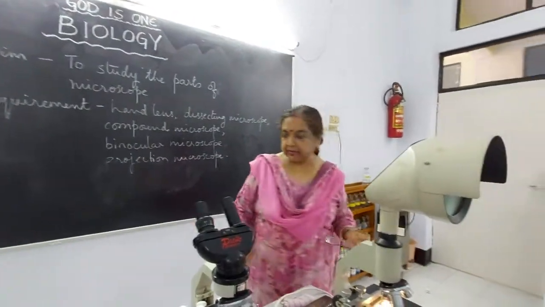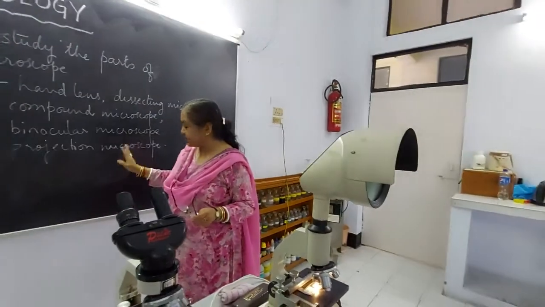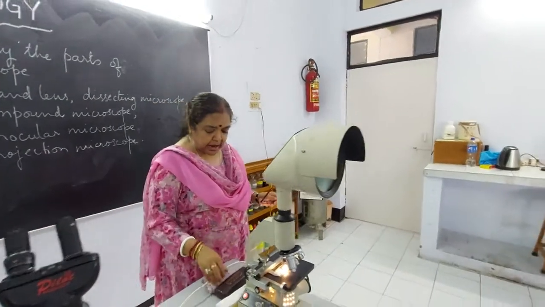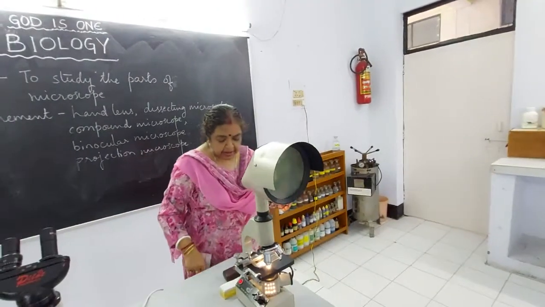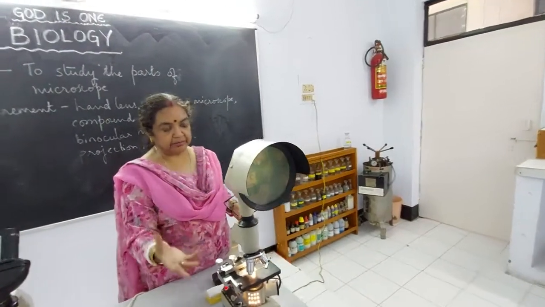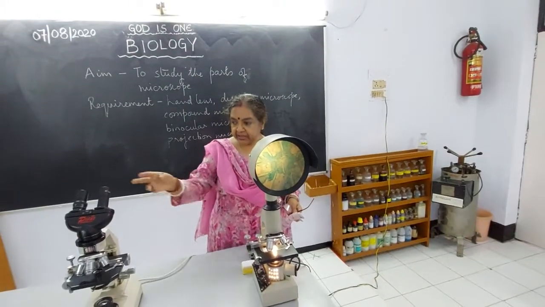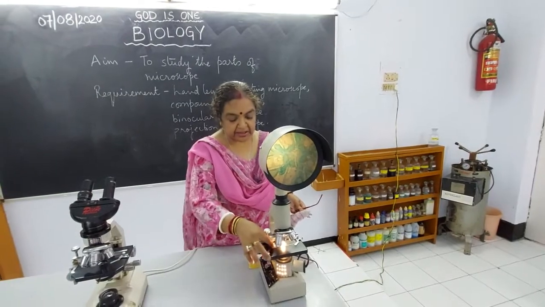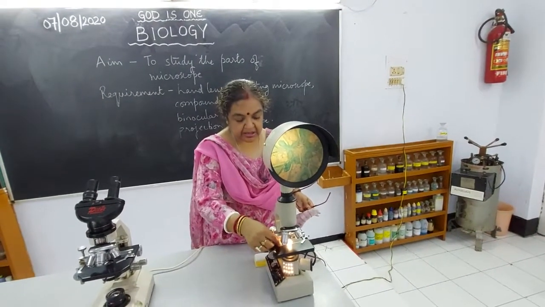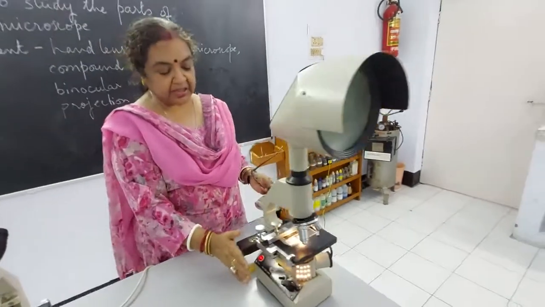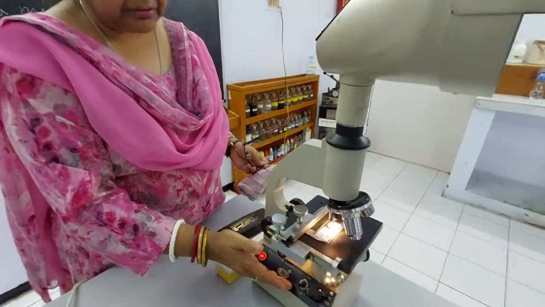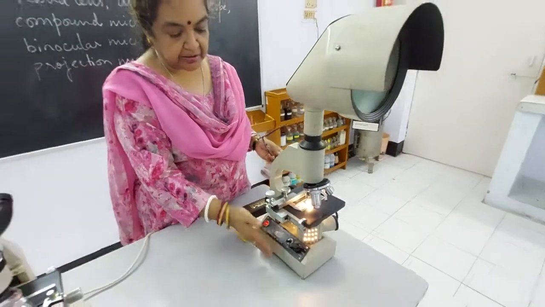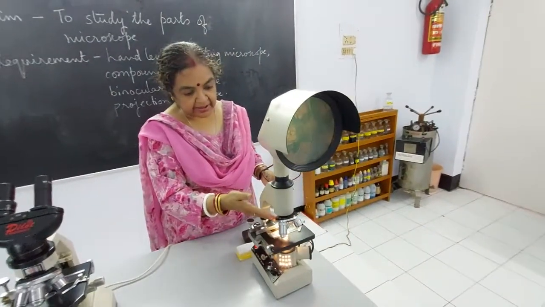Then the last one which we will be using is the projection microscope. This is mainly a teaching aid, and usually the teachers use it because if they want to show something to the class, then every child has to come and see here, so it will take so much time. So here the teacher can keep the slide over here, the same parts are there, the inbuilt light is there, so light is coming by itself from this light housing region, and it is getting magnified here.